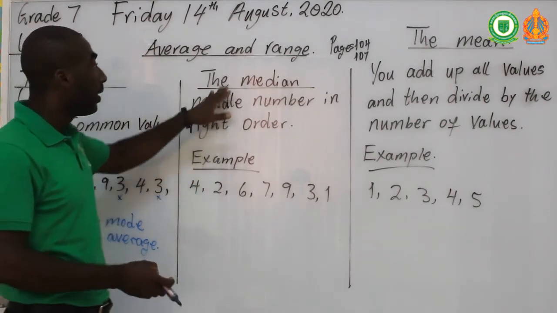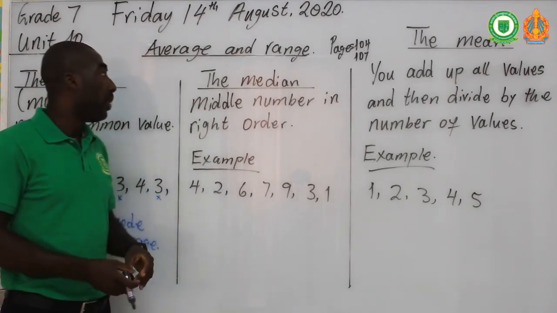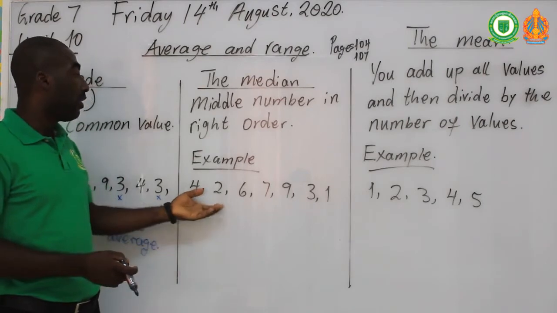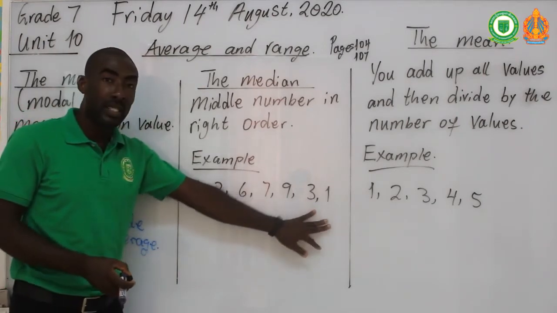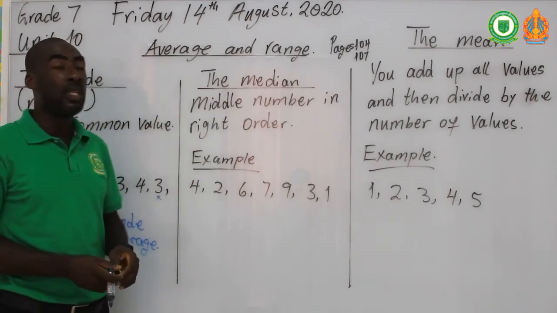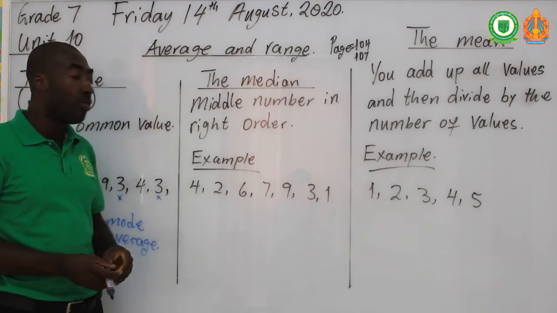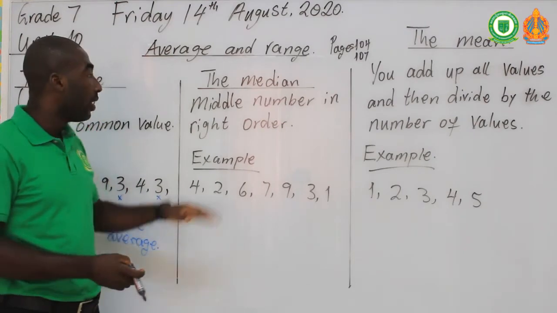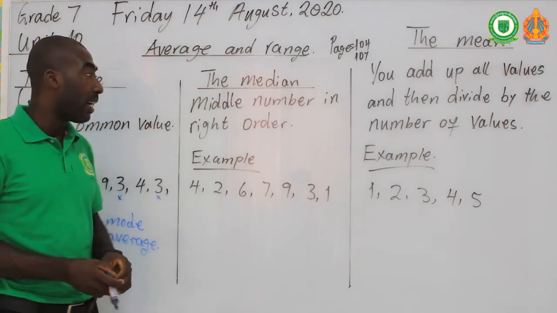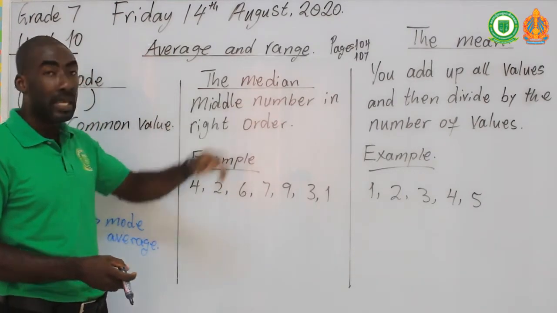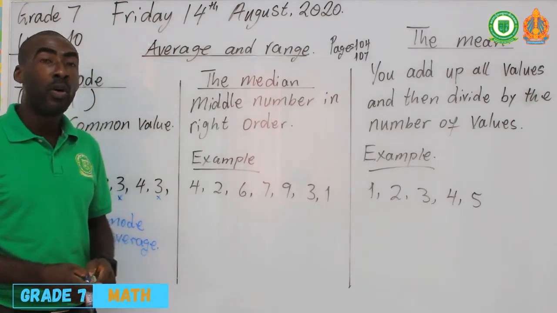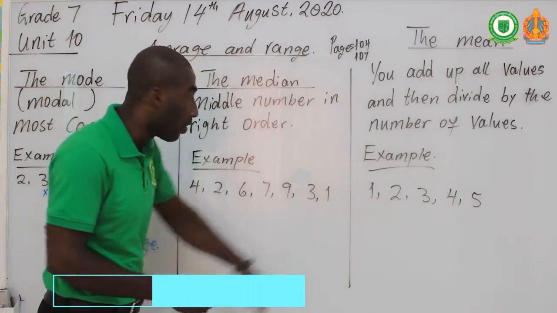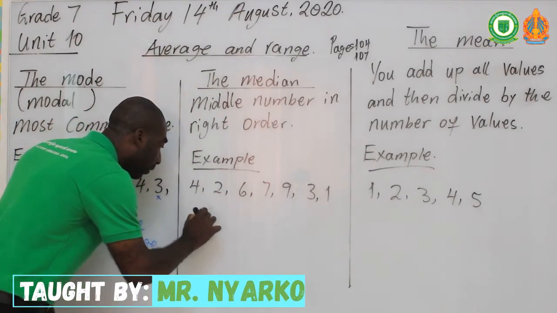Okay, the median. The median means the middle number in right order. Whenever you have a statistics that you are dealing with and you are supposed to find the median, the first thing that you need to do is to rearrange your numbers. When you arrange your numbers, then you can find the middle number, and that will become your median. So first of all, we need to arrange our numbers in the right order.